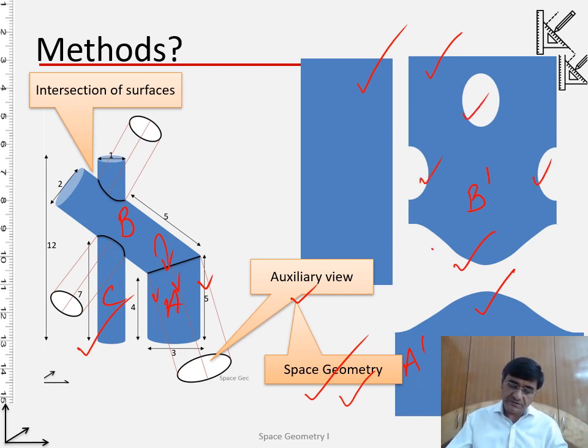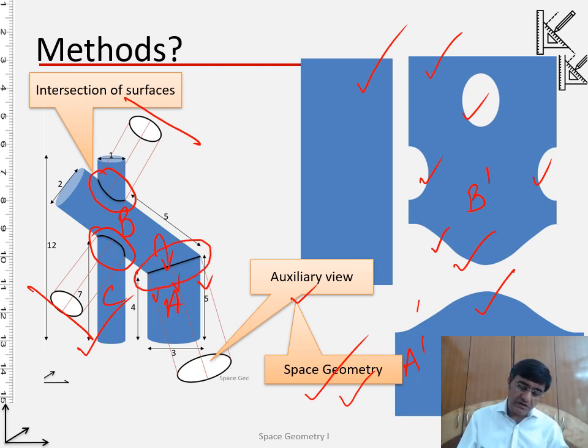To know these shapes, again, I need to project the plane of intersection here on one plane, and the plane of intersection here on another plane. And also the plane of intersection here with A, again I need to know what it will look like.